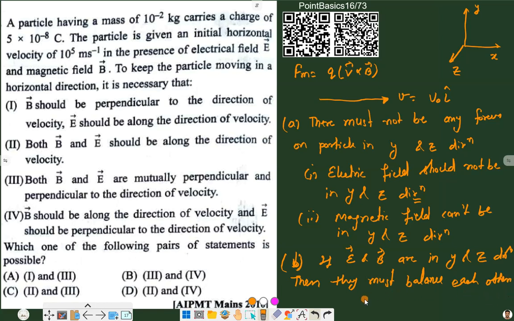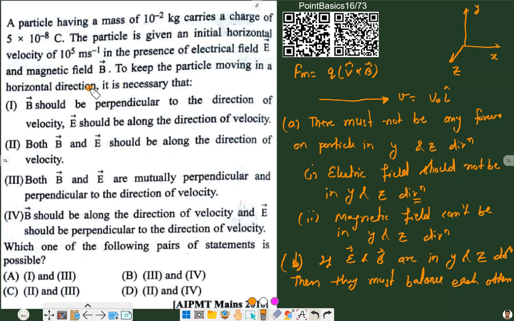These are the two possible conditions. According to them, the particle will keep on moving in the horizontal direction. So one is that the electric and magnetic fields both are in the x direction, because they can't be in y or z, or they must be perpendicular to each other.